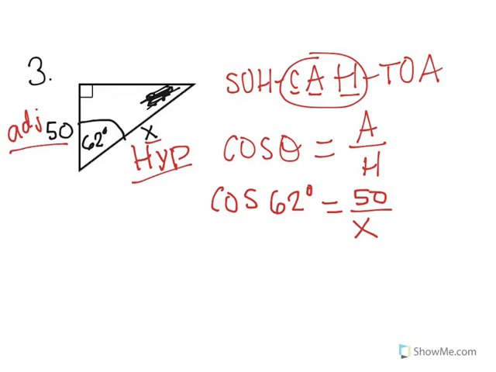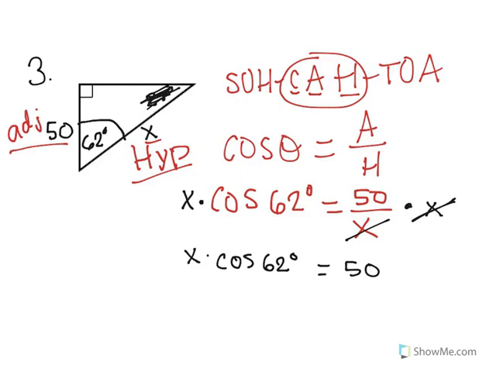Okay, so just like the first two examples we did, our first step to solve this is going to be to multiply both sides by x. This one's going to look a little different. We want to get x out of the denominator. So we're left with x times cosine of 62 degrees equals 50. We're trying to get x by itself.